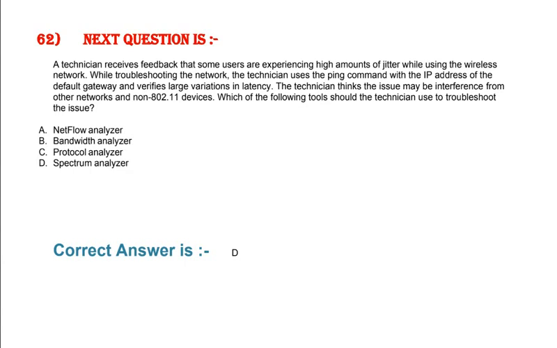The technician thinks the issue may be interference from other networks and non-802.11 devices. Which of the following tools should the technician use to troubleshoot the issue? Option A, Net Flow Analyzer. Option B, Bandwidth Analyzer. Option C, Protocol Analyzer. Option D, Spectrum Analyzer. Correct answer is option D.